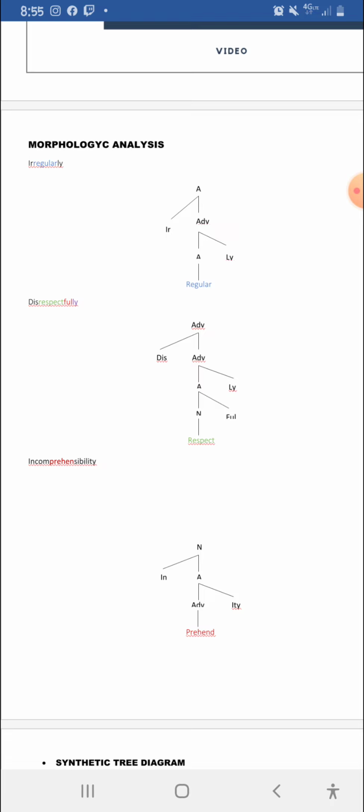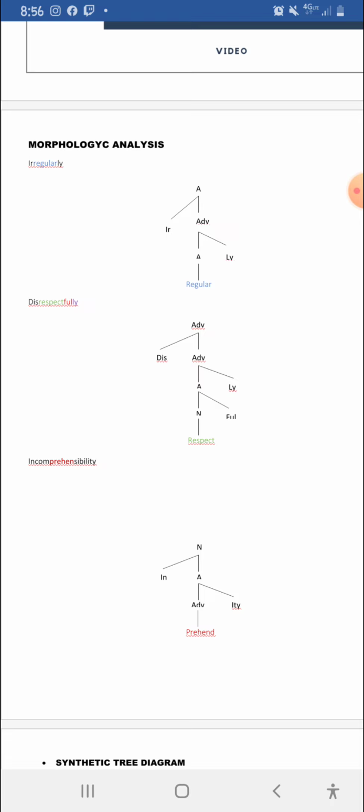Example 2, but that's not all. Longer words with more prefixes and suffixes can present a more extensive morphological tree, such as the word disrespectfully. We follow the same procedure so as not to get lost when it comes to arranging the tree.